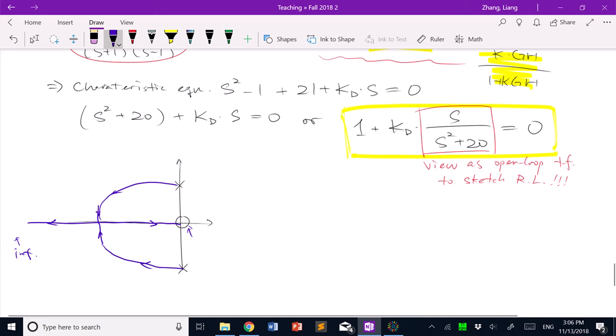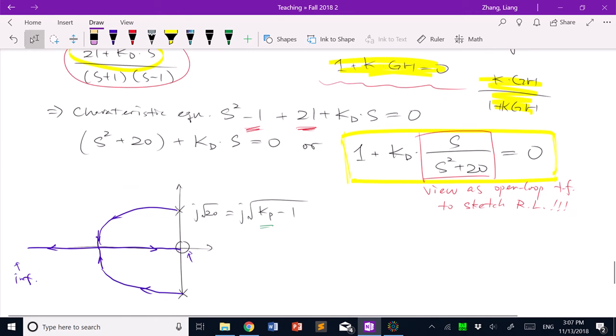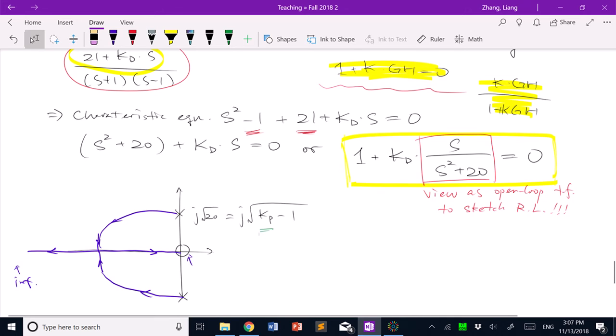Now, one interesting thing is, the two poles here are actually what? This is actually j square root of 20, or is actually j square root of, believe it or not, kp minus 1. Okay? This 20 actually comes from 21, this is your kp, minus 1. Now, what it means is, if you have kp selected at 21 to achieve this 5% error, this is what you achieve.